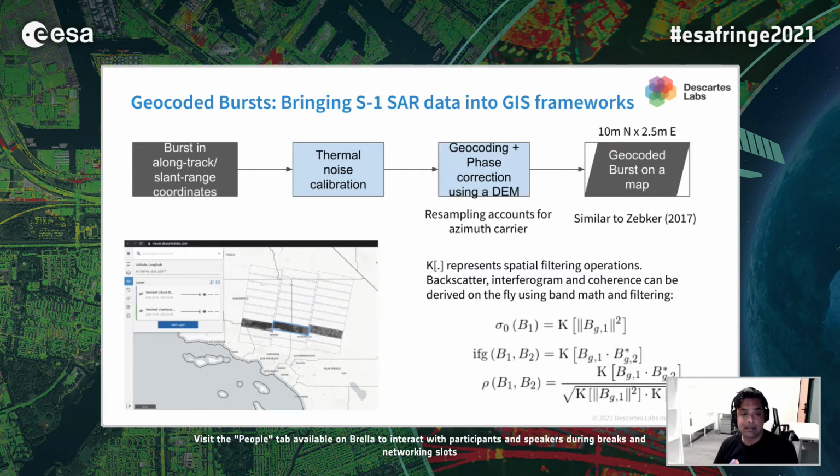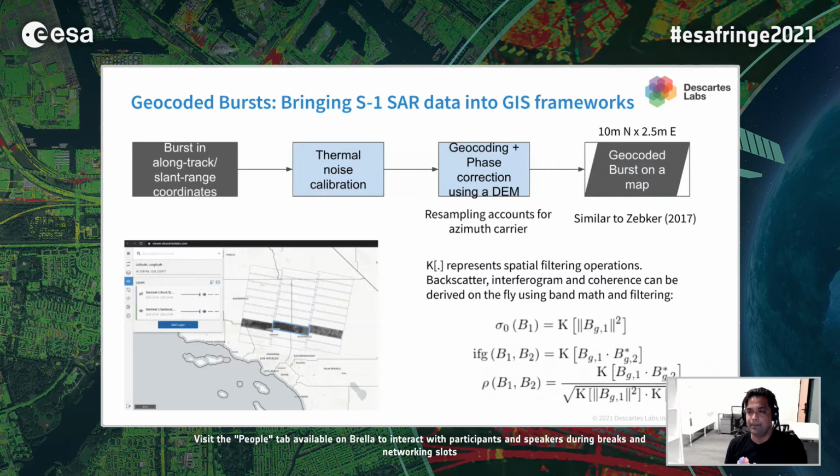And our platform has optimized tools for automatic tiling with overlaps, with support for all geospatial data. So what we did was we built tools to take a single burst in slant range coordinates and geocode it into a 10-meter and 2.5-meter grid.